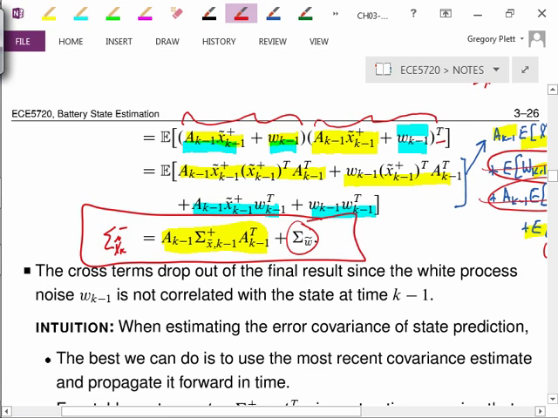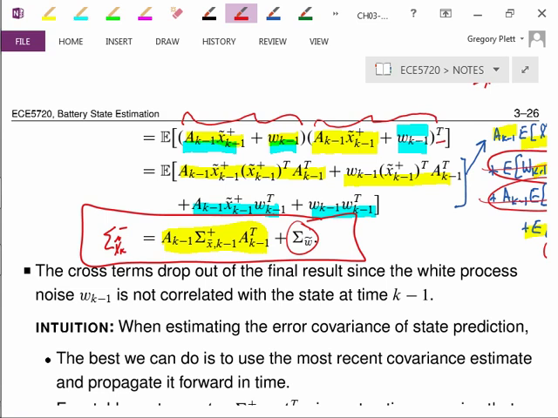So we have updated the uncertainty, the covariance matrix, from the uncertainty. We started with the uncertainty of the previous estimate, and this is now the uncertainty of the present prediction. And we can gain some intuition from the math of what's really happening here.